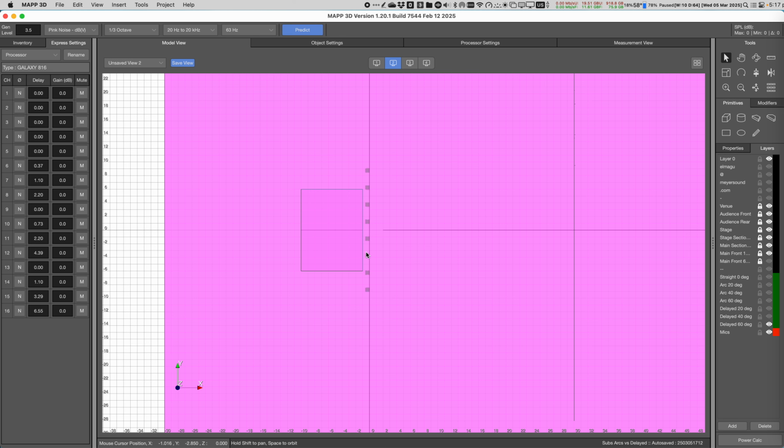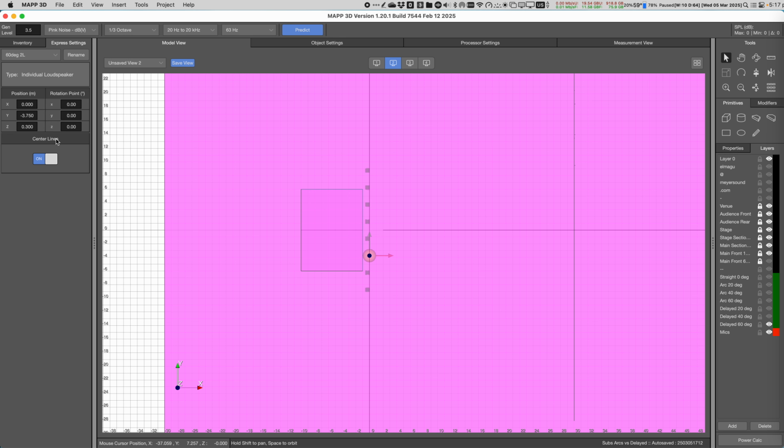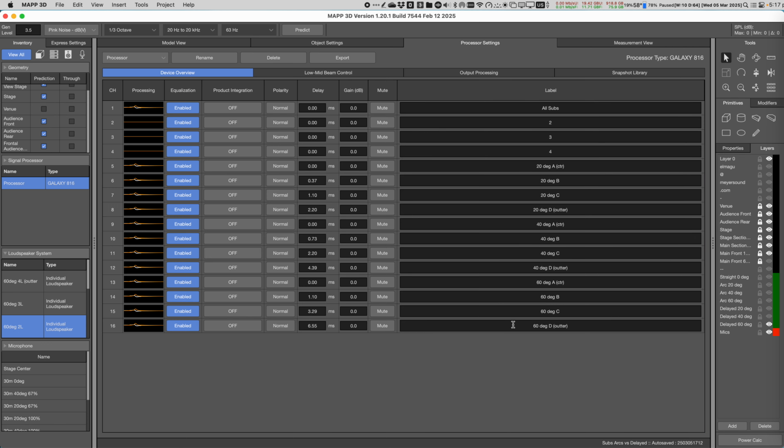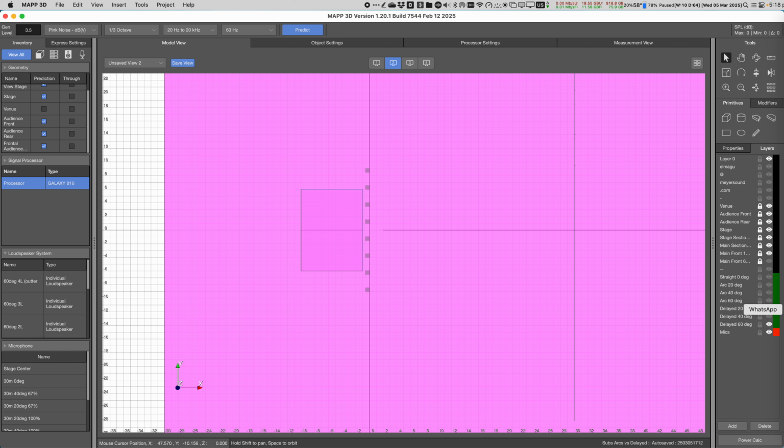So this means that now this speaker is not being shifted back, it's in the position 0, but the electronic delay for this speaker, that is 60 degree BL in the processor, is 1.1 milliseconds. So the 1.1 milliseconds is what we are using to replace the fact that before it was being shifted back.